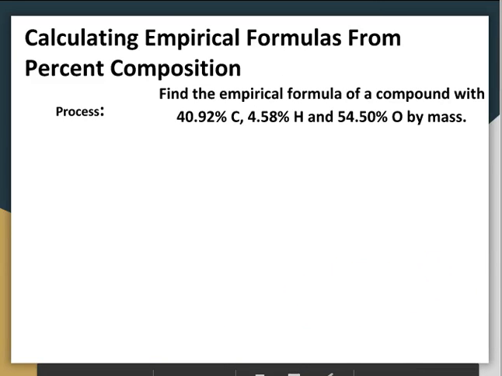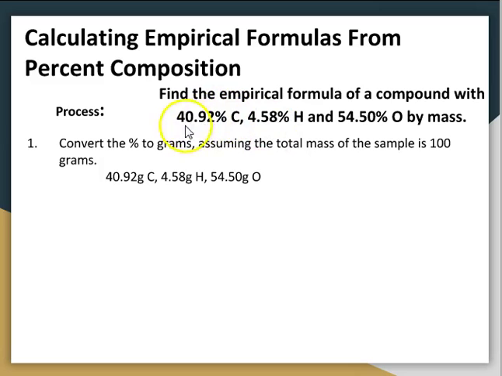Okay. This one's a little bit more complex. We're giving you a percent composition, so we're kind of combining the two things that we've talked about. We've talked about percent composition, but we've also talked about empirical formulas. So if you're given a percent composition, you can actually just turn that into grams. If a sample is 40% carbon, and let's say you have a 100-gram sample, that means 40 grams of it is carbon, right?